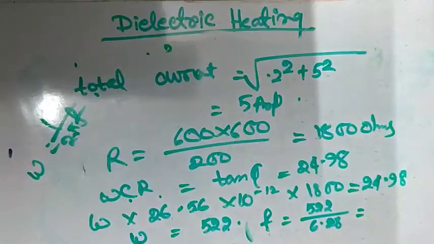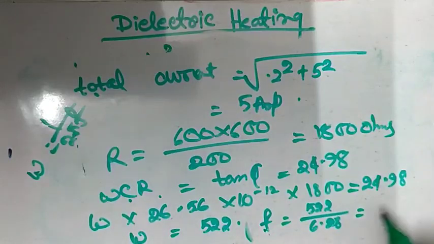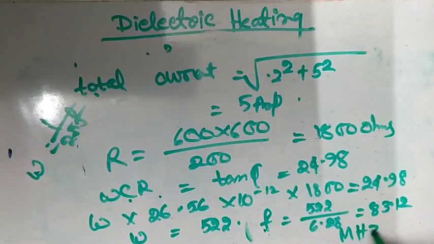Pi is 3.14, so 3.14 into 2 is 6.28. So frequency is 83.12 megahertz. This is the solution.